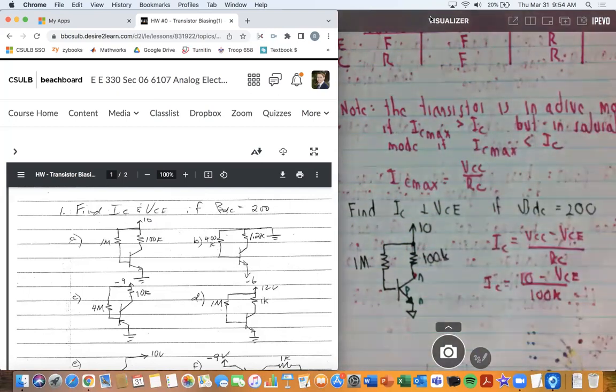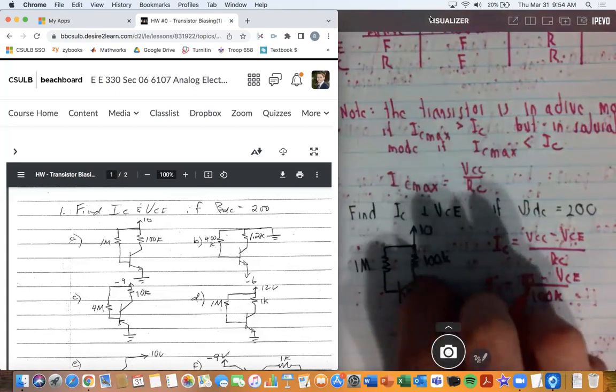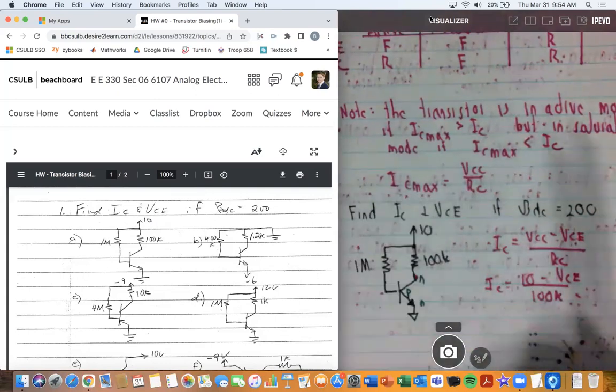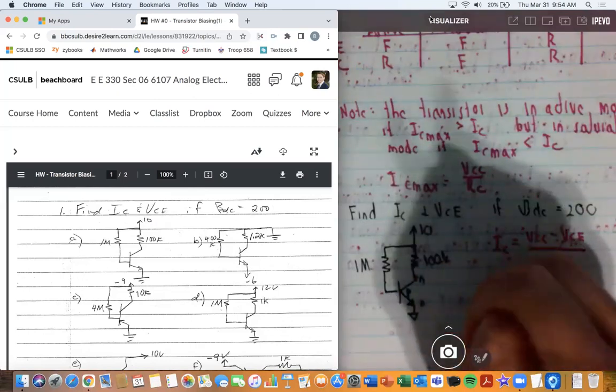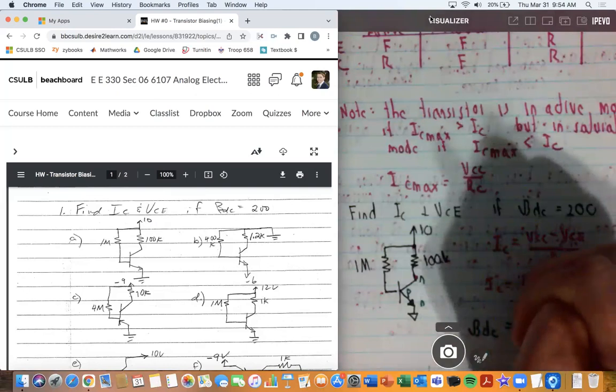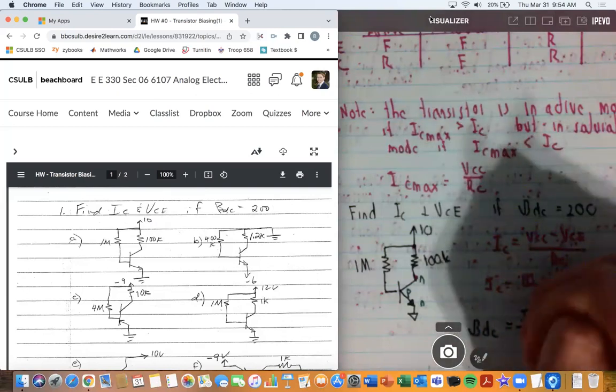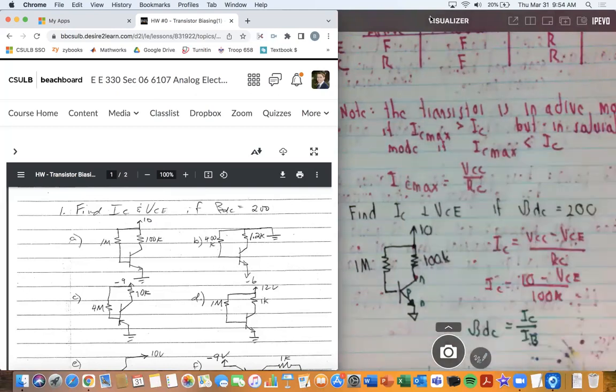That's an unknown quantity still. We don't know what's the voltage from here down to here. But I do know how to solve for the current going through the base. And do you remember the relationship beta DC is equal to the current for the collector all over the current for the base when we're using our simple biasing technique for DC mode?